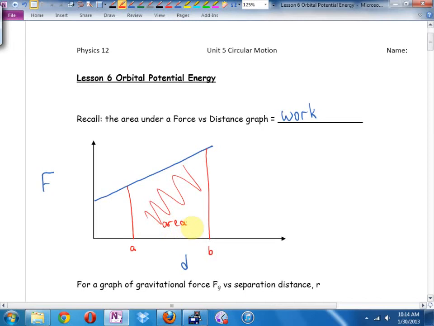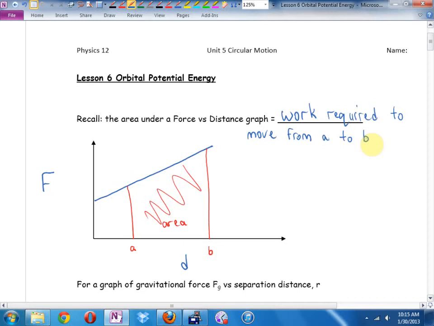That area there, in fact, it isn't just work. If I wanted to be even more specific, it's the work required to move from A to B. From location A, wherever it is, to location B, wherever it is.